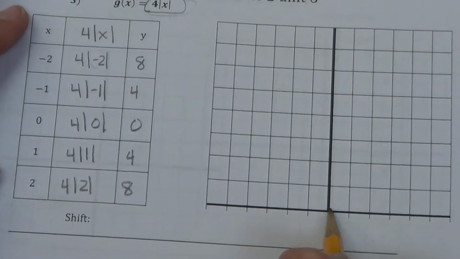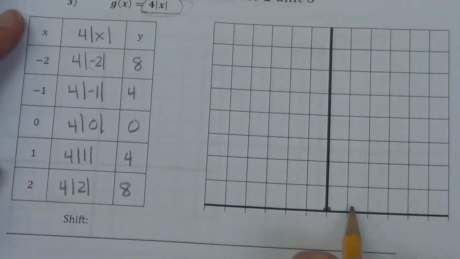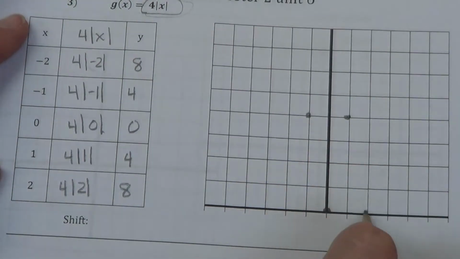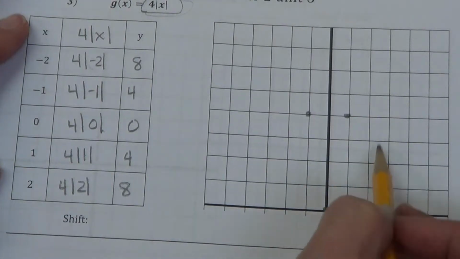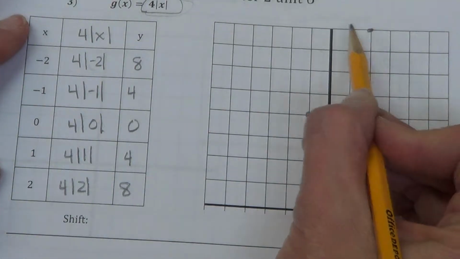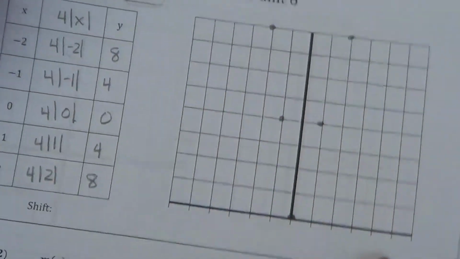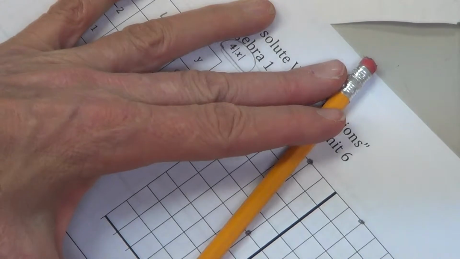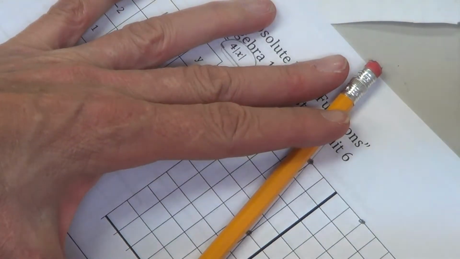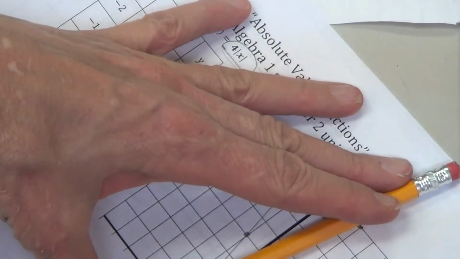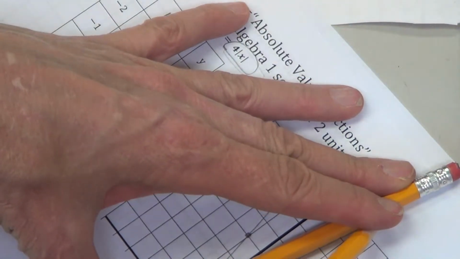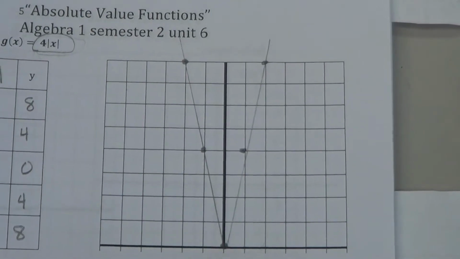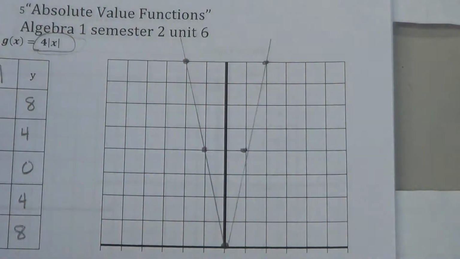So we see that we're at 0. At 1 we come up to 4. And at 2 we come up to 8. So if we draw that line and compare it to the parent graph, we notice it gets real skinny.